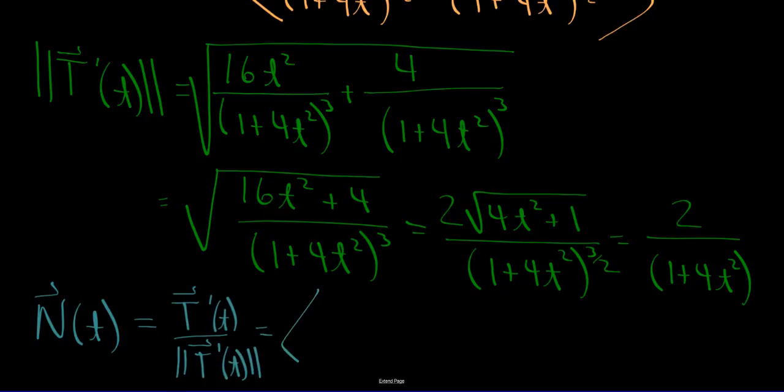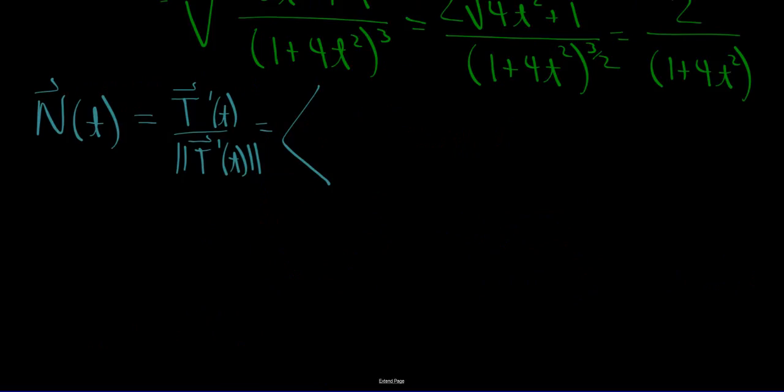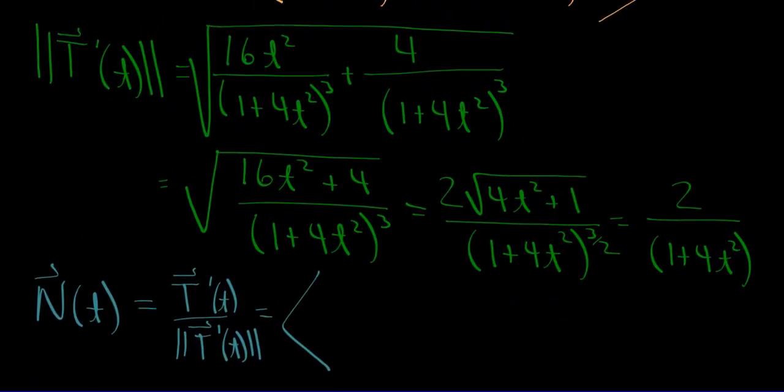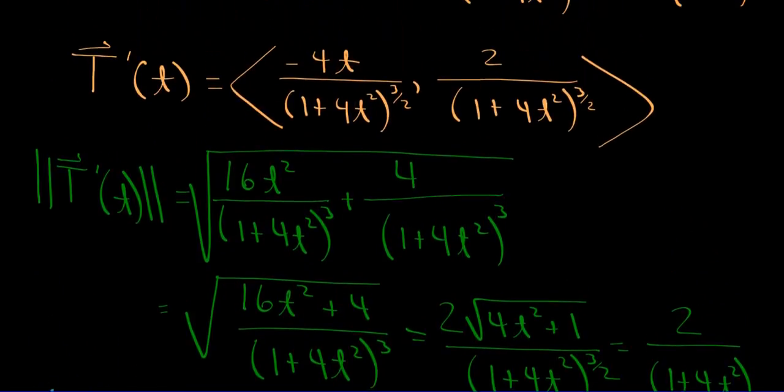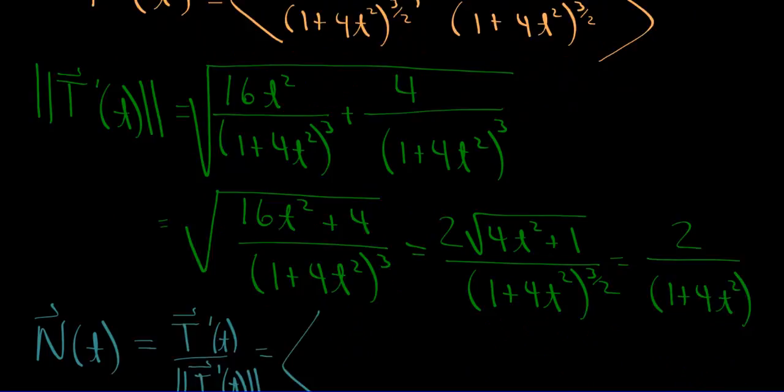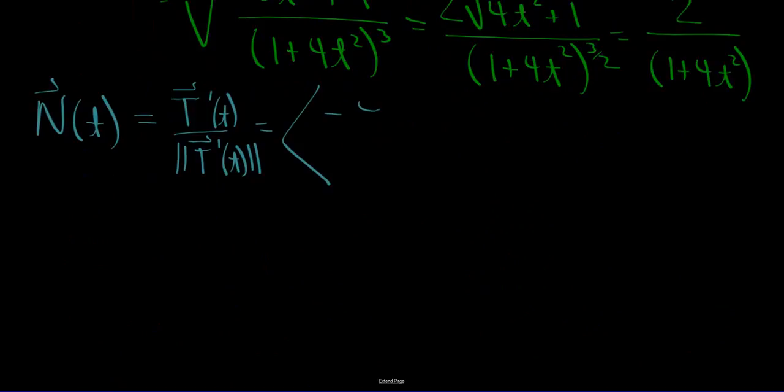Now, I'm going to just multiply by the reciprocal. So I'm going to pull it inside here, and look what we've got. We've got -4t over 1 plus 4t squared to the 3/2 times the reciprocal.